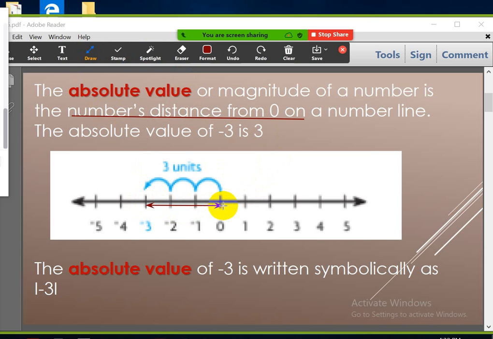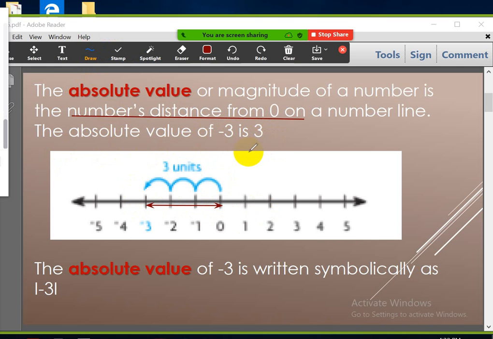What is the distance between 0 and the point that represents negative 3 on the number line? You have to count it. 1, 2, 3 units as written here. 3 units. That means the absolute value of negative 3 is 3.